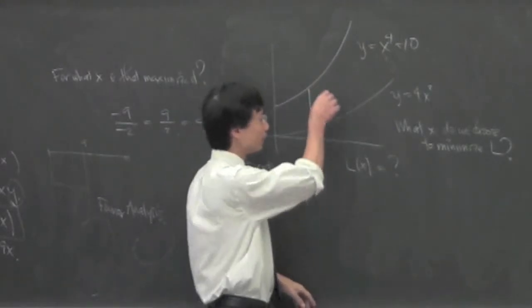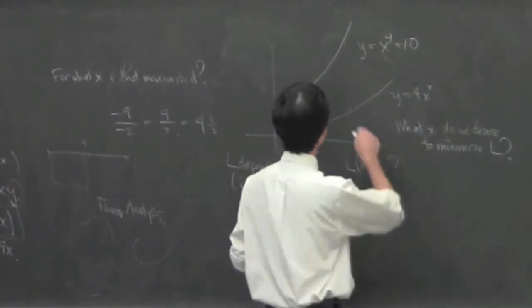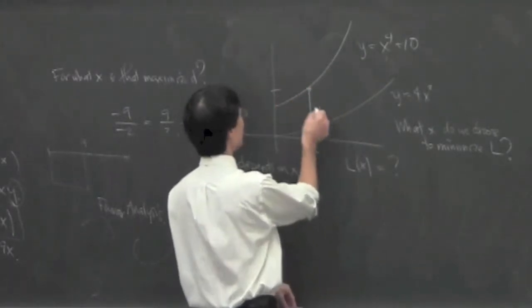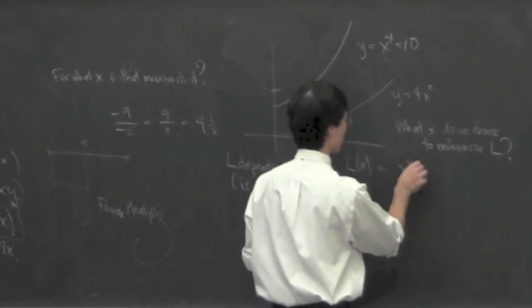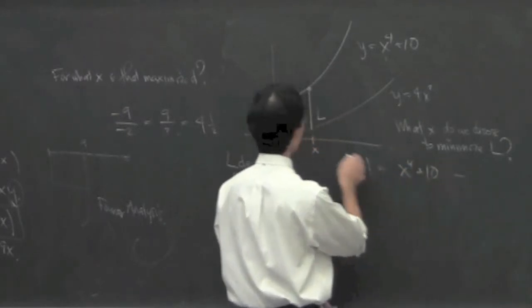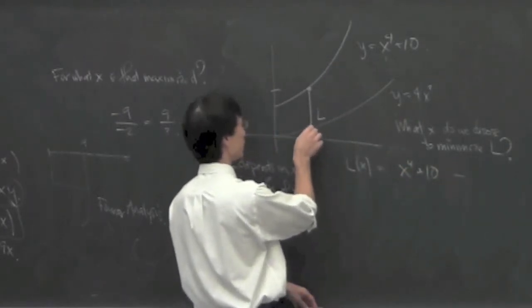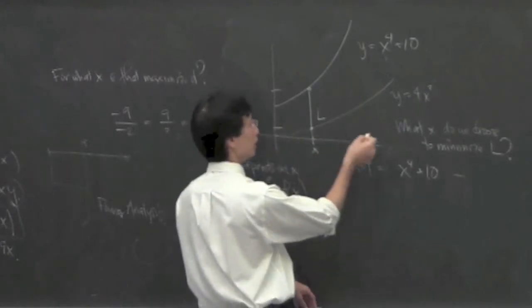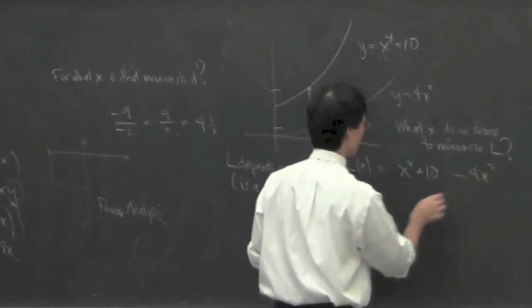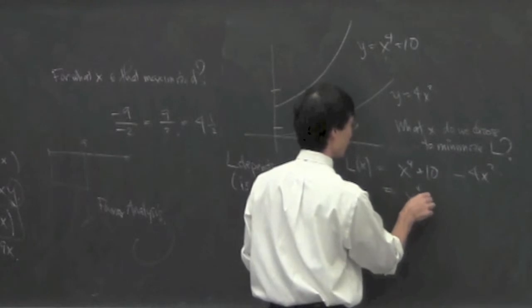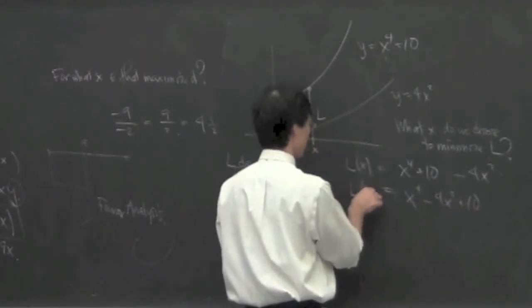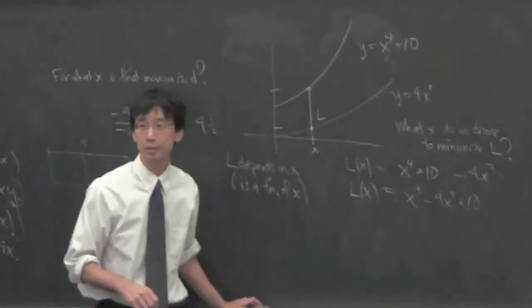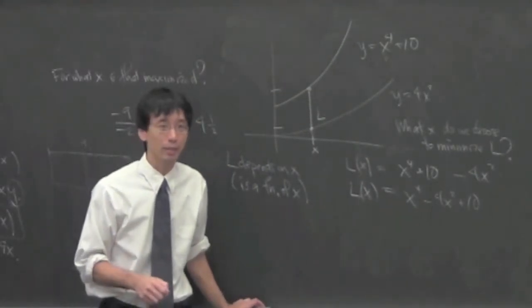You just subtract one from the other: this height, x to the fourth plus 10, minus the lower height, 4x squared. So we get x to the fourth minus 4x squared plus 10, and we're trying to minimize that.